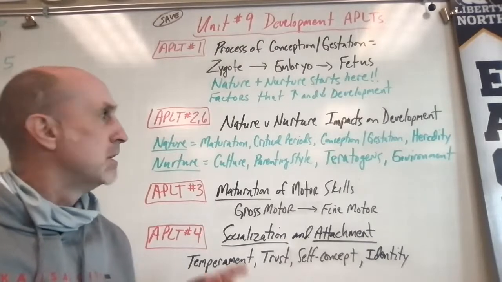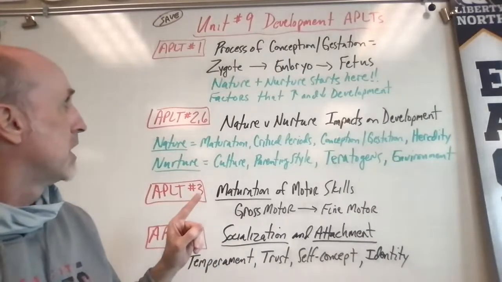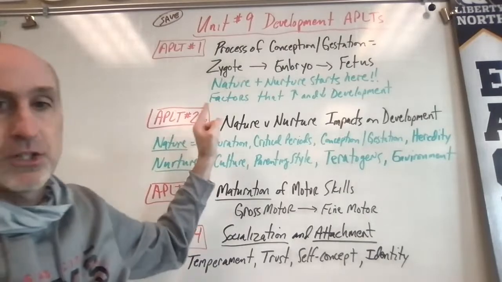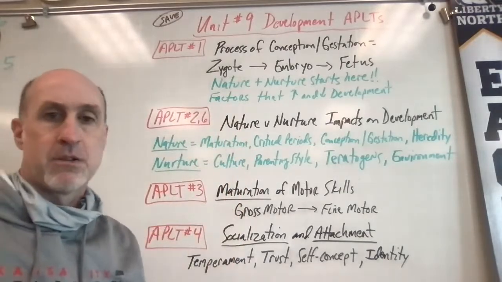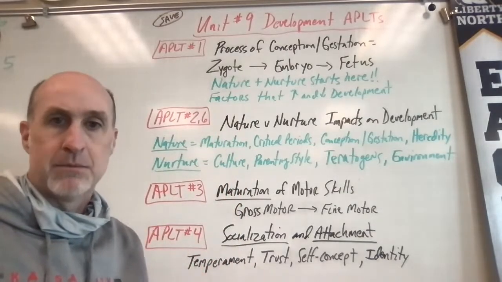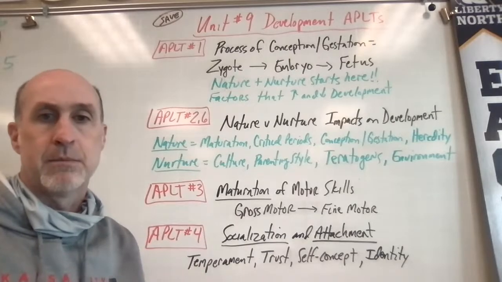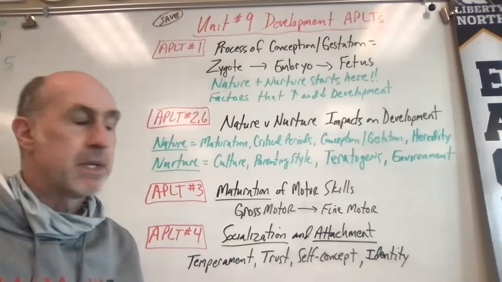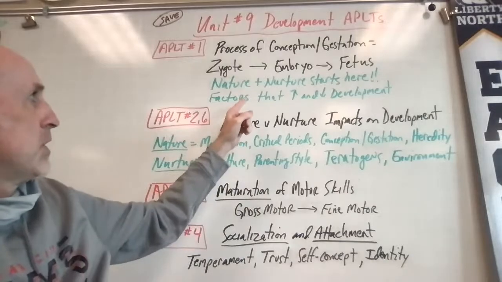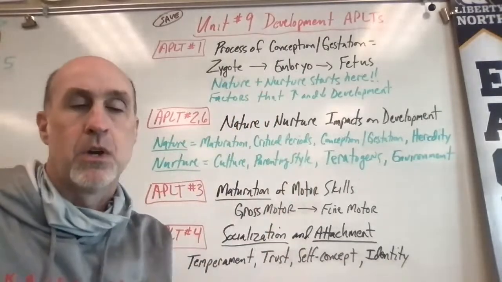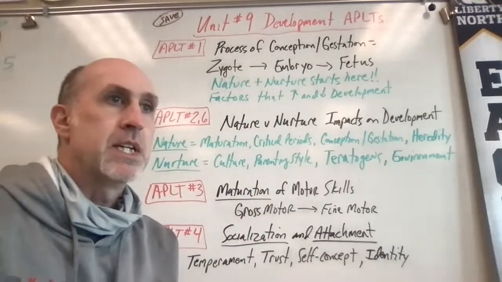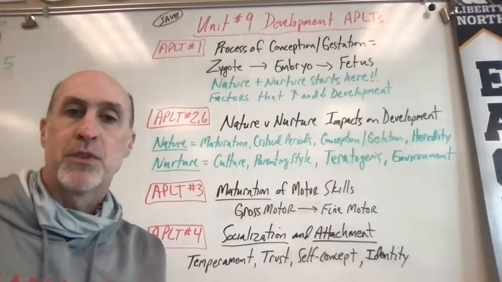Now, what they also really want you to know, and what's important here, is that the nature and nurture starts there. Obviously nature is there with the heredity and the genetics as the child is developing in the womb, but also know that nurture starts here. So it's critically important to remember that both of them start.